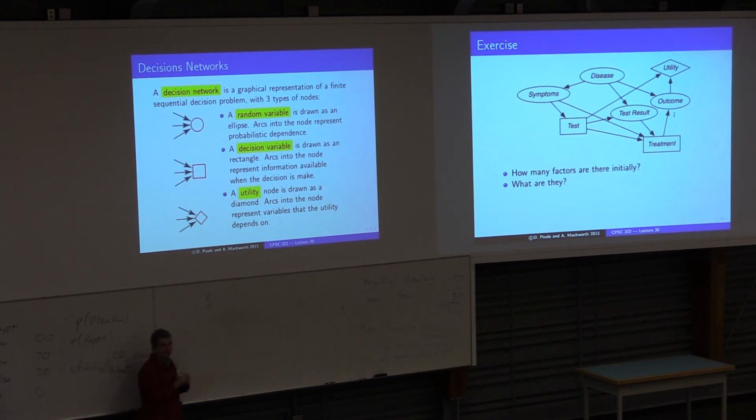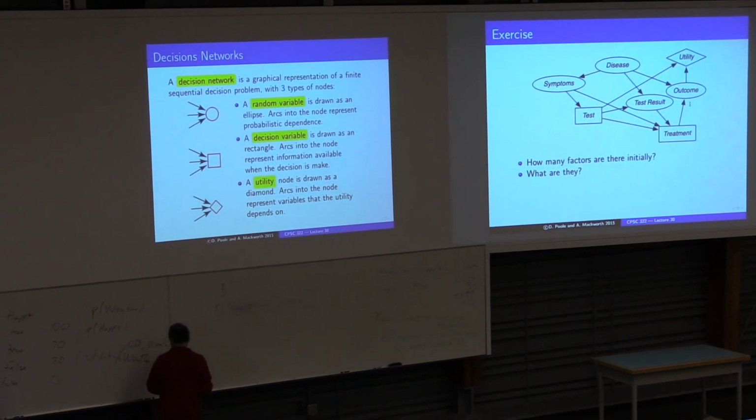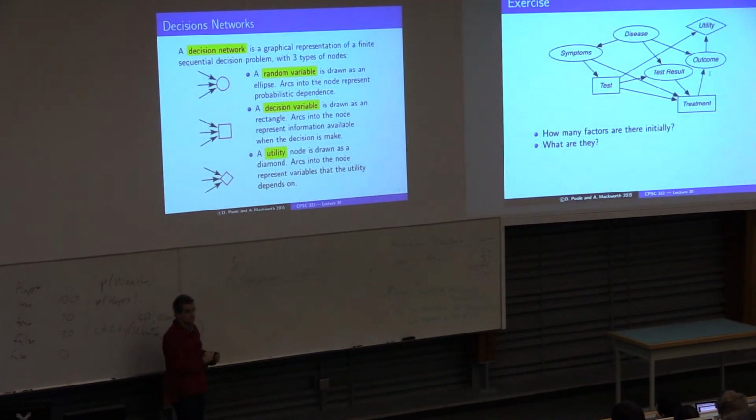Okay, what are they? Yeah, the probability of symptoms and disease, right? What else is there?